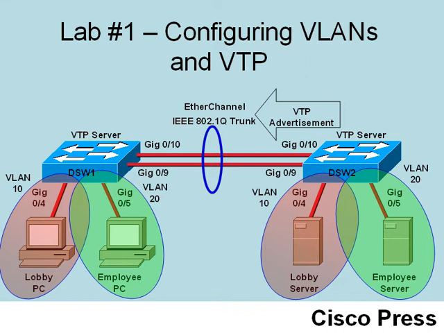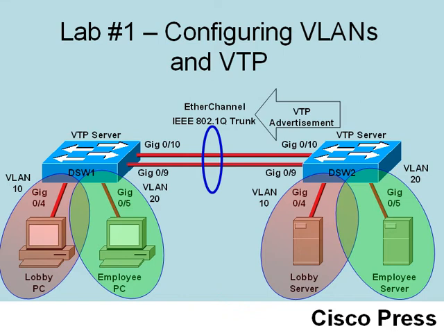Then, once the switches know about the existence of these different VLANs, we're going to conclude this lab by assigning switch ports to those VLANs. For example, on DSW1, we want port gigabit 0/4 to belong to the lobby VLAN, which we will number VLAN 10, and we want gigabit 0/5 to belong to the employee VLAN, which we will number VLAN 20.